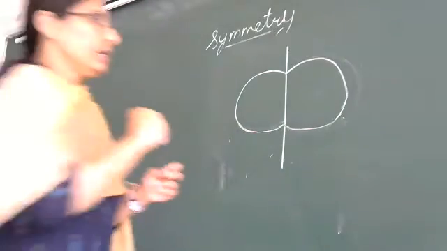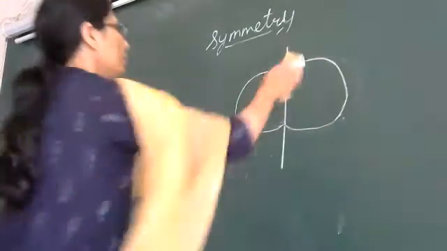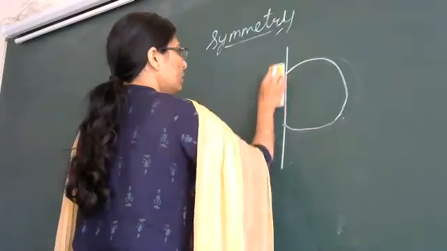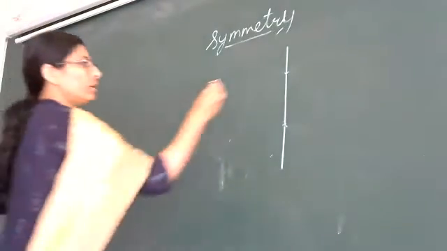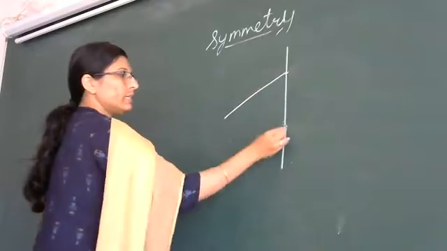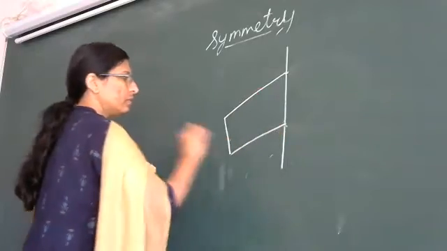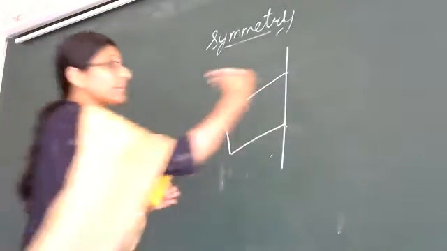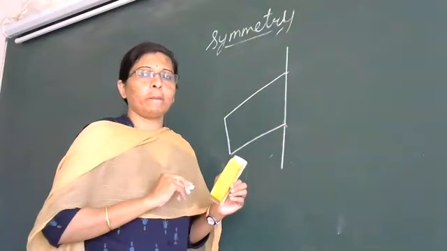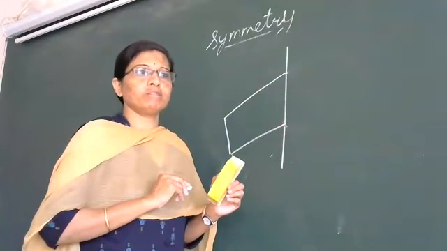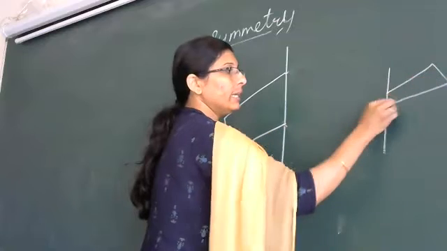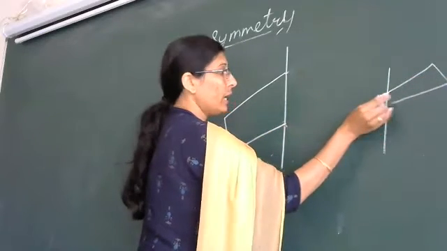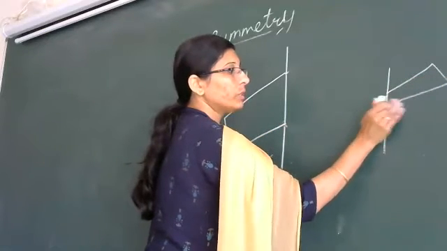Now you can see one more figure, like this. So how will it be on that side? Will it come like this or like this, down?